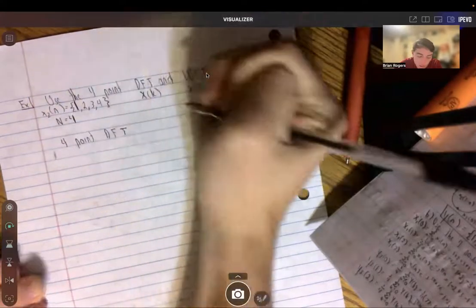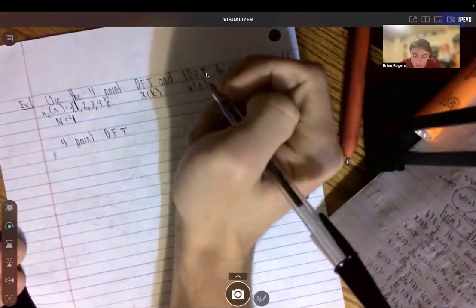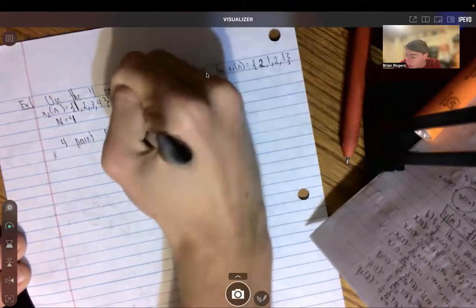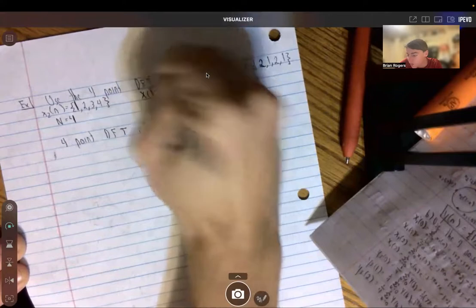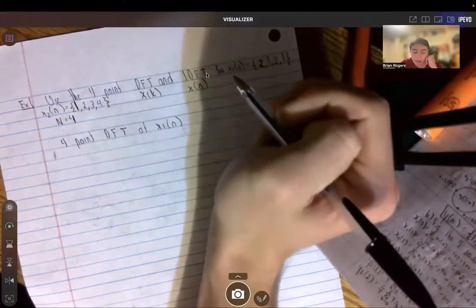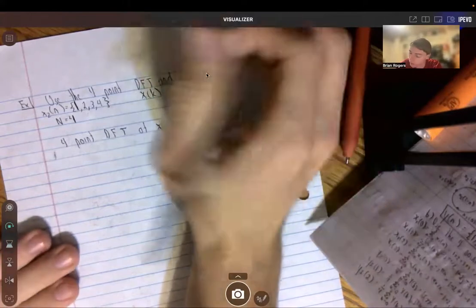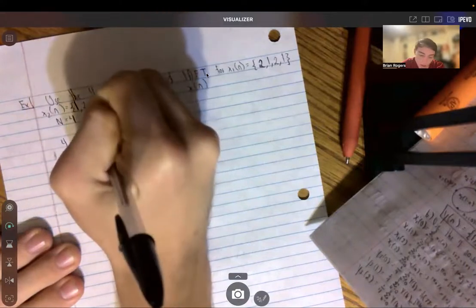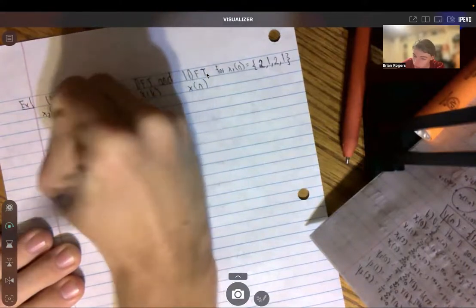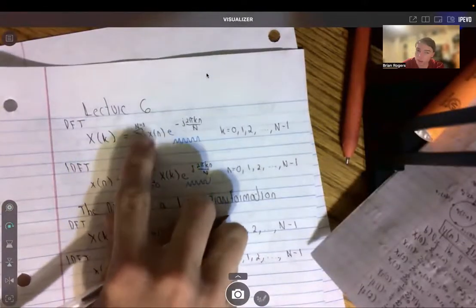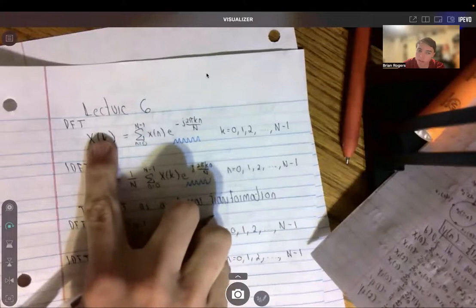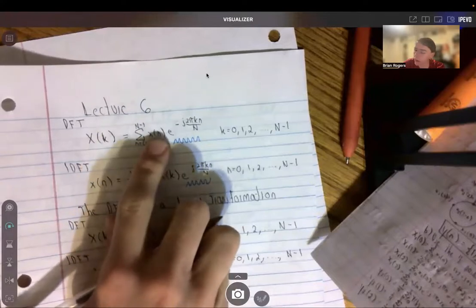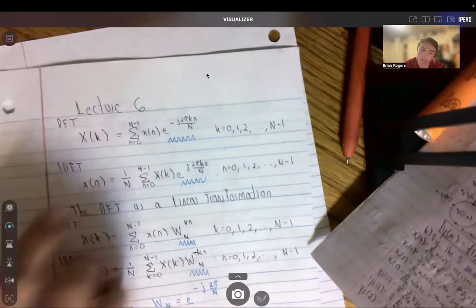To do the 4-point DFT, we're going to calculate the 4-point DFT of x1 of n first, and then the 4-point DFT of x2 of n. For the 4-point DFT of x1, it's X1 of capital K, which I'm just copying from the discrete Fourier transform: we plug x1 of n into this equation.